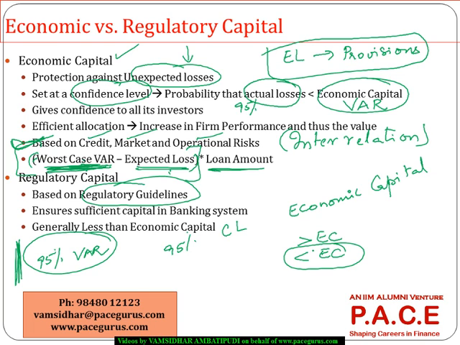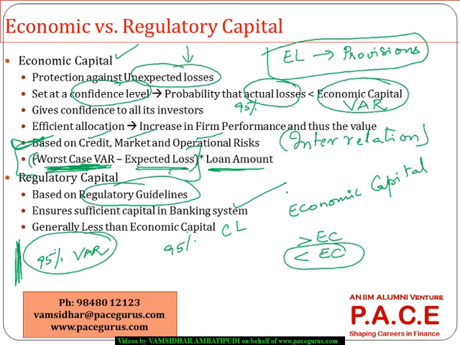Because the regulatory capital is less than that, there is nothing excess the bank or firm needs to do to meet the regulatory guideline. But this is primarily the regulator's perspective, whose objective is to ensure that there is a sufficient amount of capital present in the banking system.